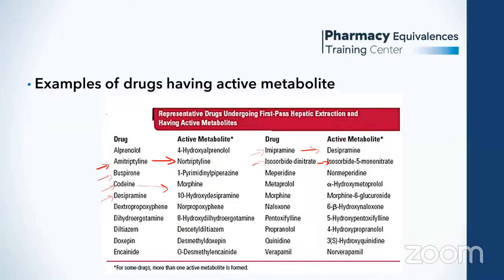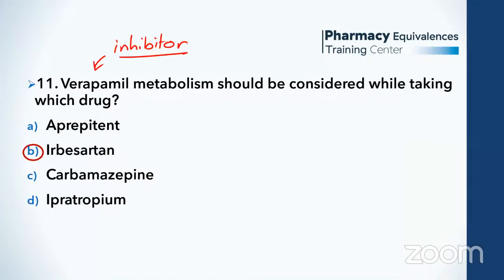In the last question, about why verapamil metabolism will affect diltiazem: as an inhibitor, it will increase the level of diltiazem. We should take care about the use of them together.